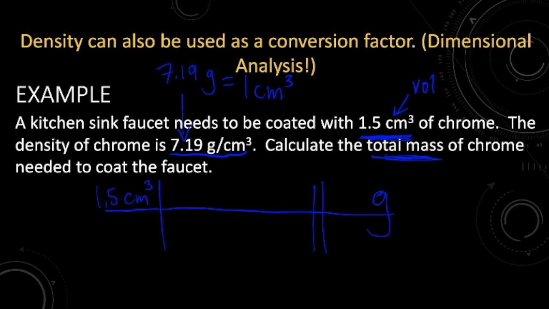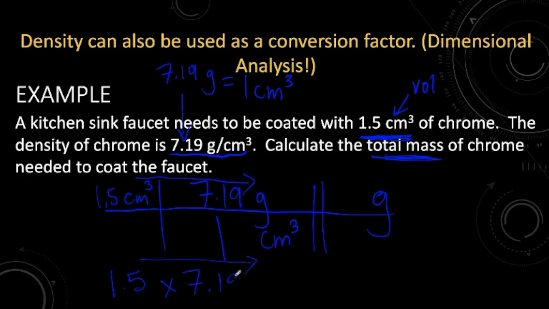We want our centimeter cubed on the bottom, so I'm going to put the 1 down with it, and put our 7.19 grams on the top. Now it's just simple multiplying and dividing. So in your calculator, you should put 1.5 times 7.19 divided by 1. And that's going to equal our answer.